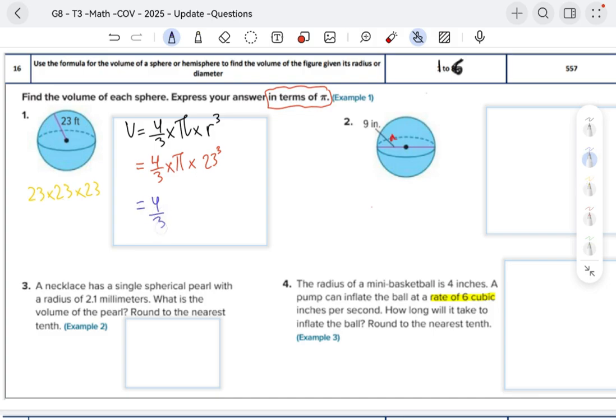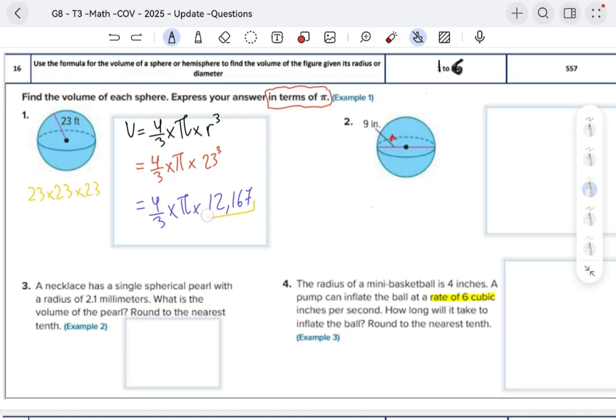4 out of 3 times pi times 12,167. You can do it as a long multiplication. We're going to multiply this by 4, and then divide it by 3. Or you can check if this number is divisible by 3.